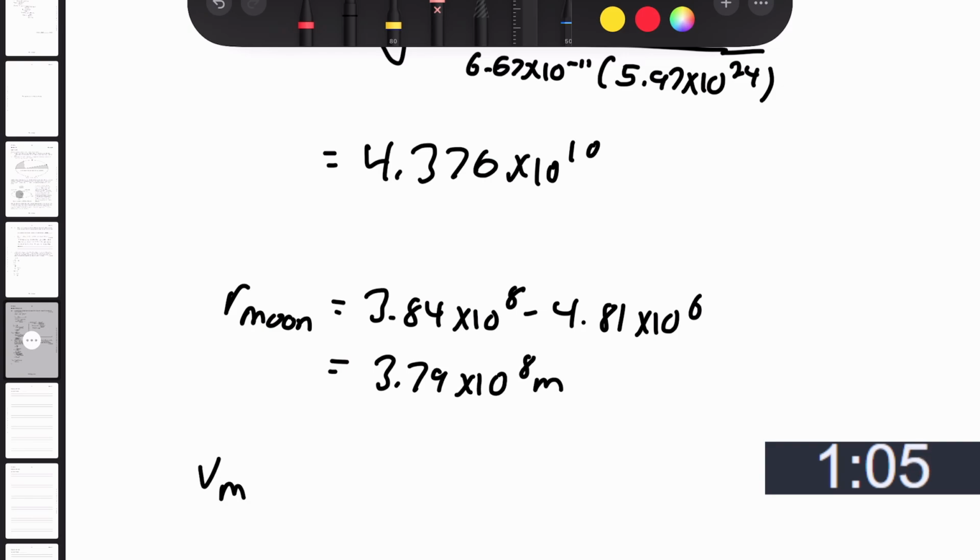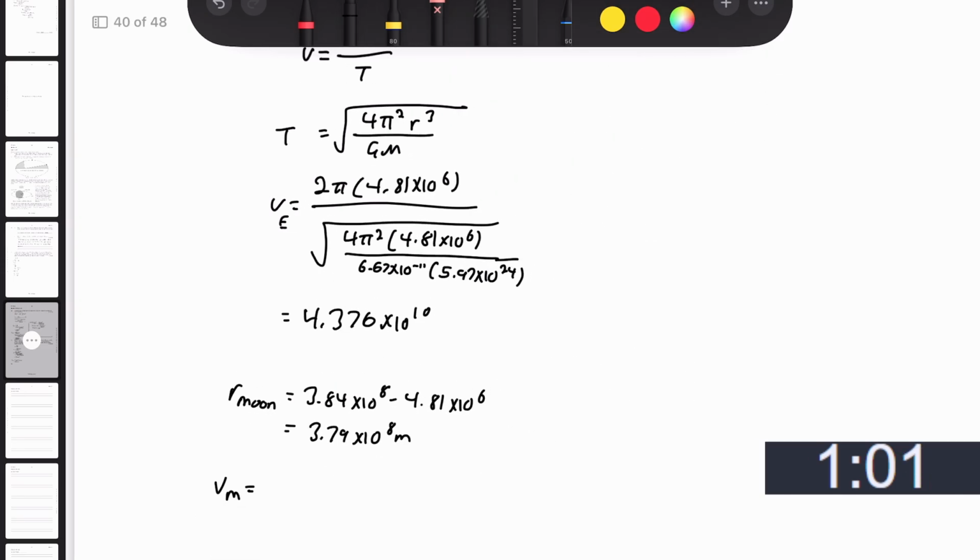So the velocity of the moon is going to equal 2 pi times 3.79 times 10 to the 8 over the square root of 4 pi squared times 3.79 times 10 to the power of 8 cubed, over 6.67 times 10 to the negative 11 times the mass of the moon, 7.35 times 10 to the 22.